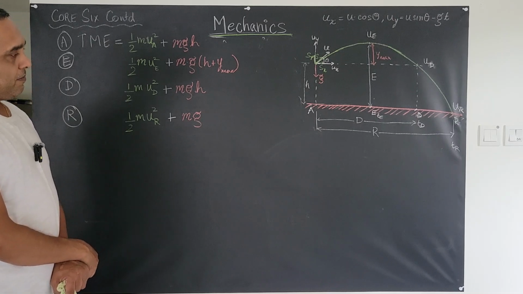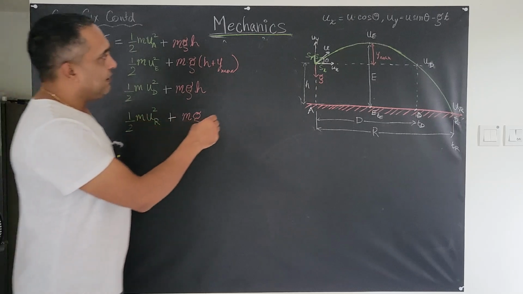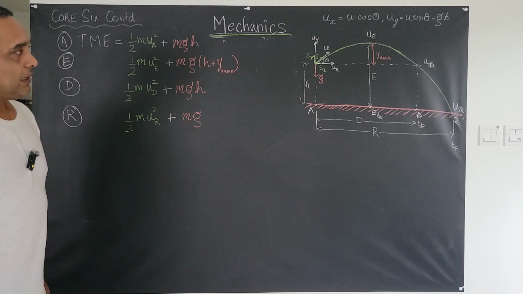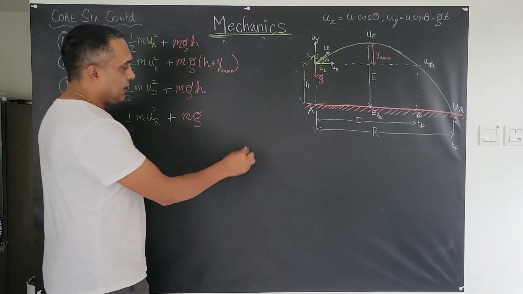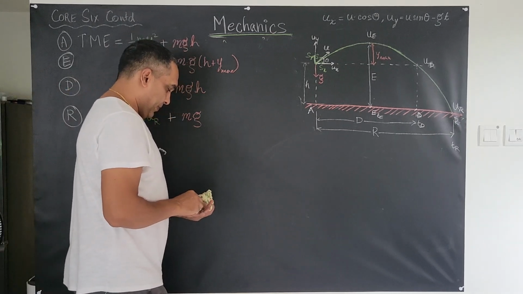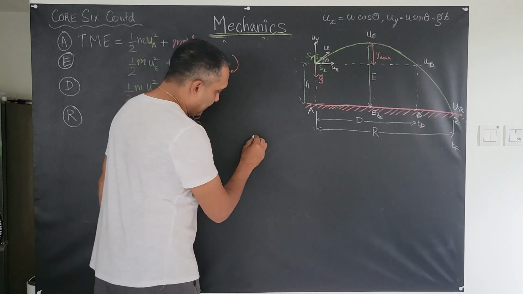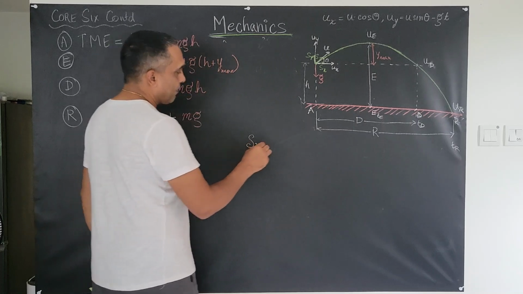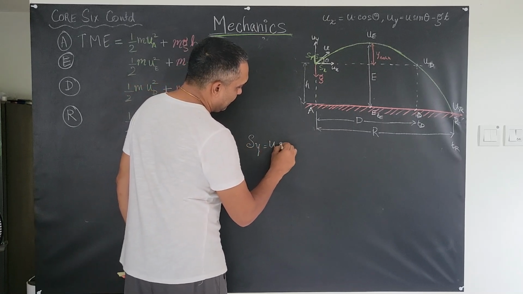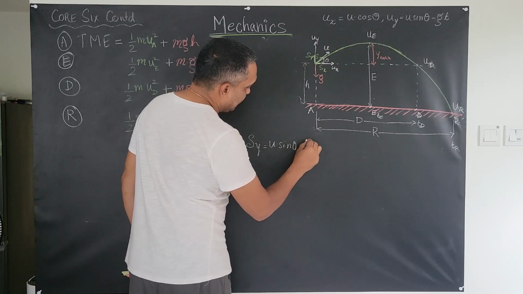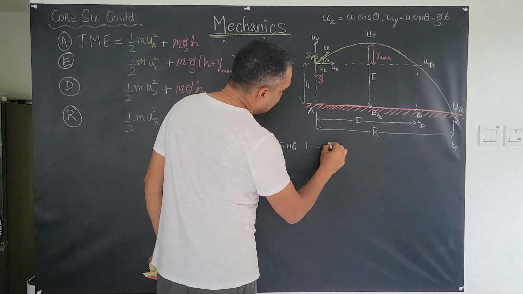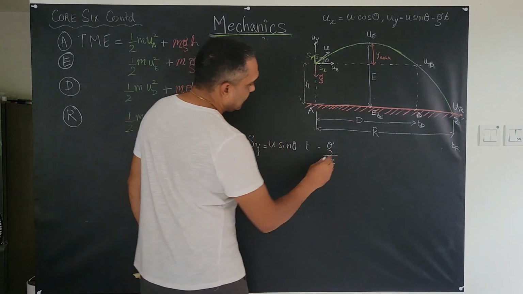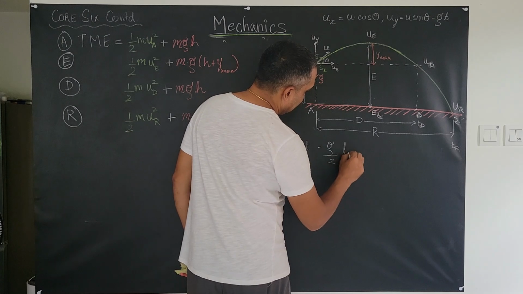Maybe the other part is to also remember that this trajectory typically, if you write that equation for Sy, equals u sine theta times t minus g by 2 t squared.